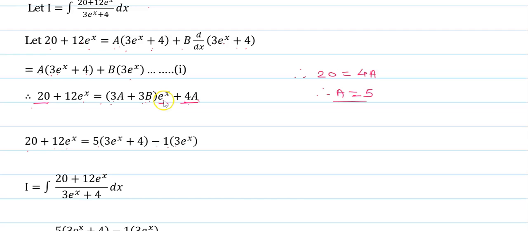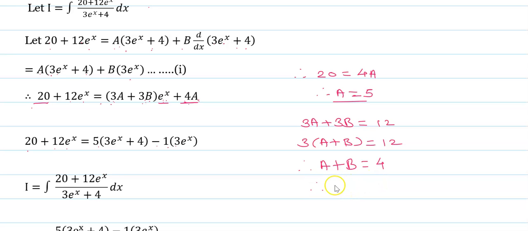The coefficient of e raised to x is 3a plus 3b, that is equal to 12. Therefore I will write here 3a plus 3b equals 12. Take 3 as common, then in bracket you get a plus b equals 12 upon 3, and hence a plus b is equal to 4.